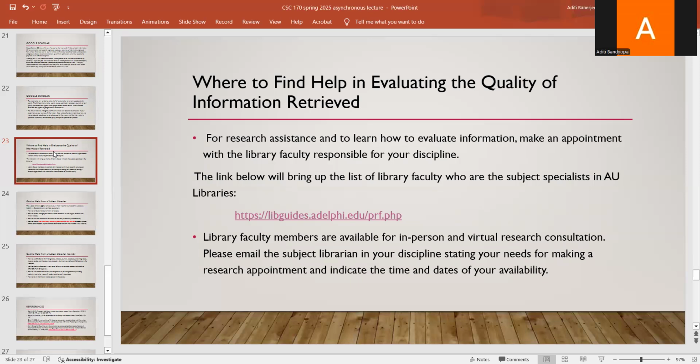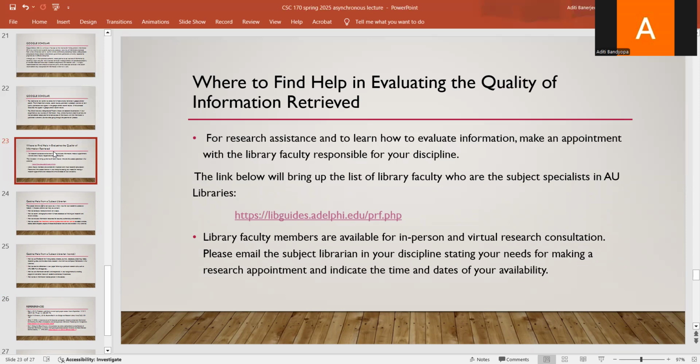The link below will bring up the list of library faculty who are the subject specialists in Adelphi University libraries. Click on the link or use this URL to get the list on your computer.